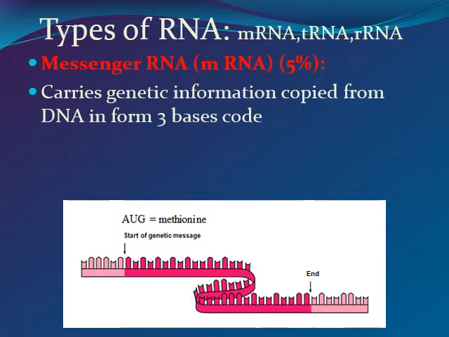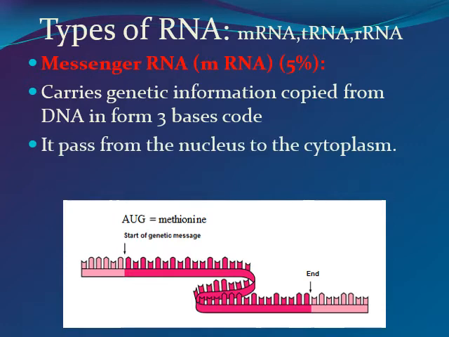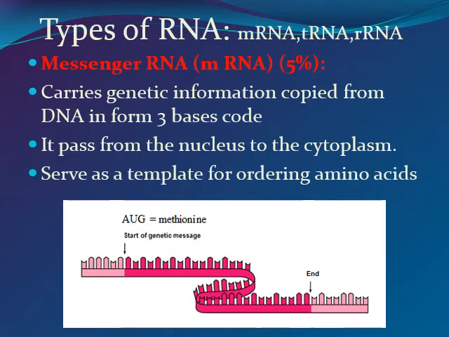It passes from the nucleus to the cytoplasm, where it is found in association with ribosomes to serve as a template for the ordering of the amino acids into the polypeptides. So the information flows from DNA to messenger RNA, then into the polypeptide, called protein.